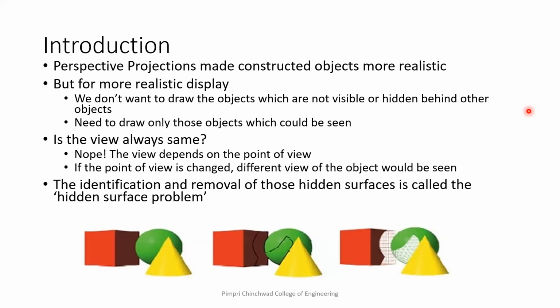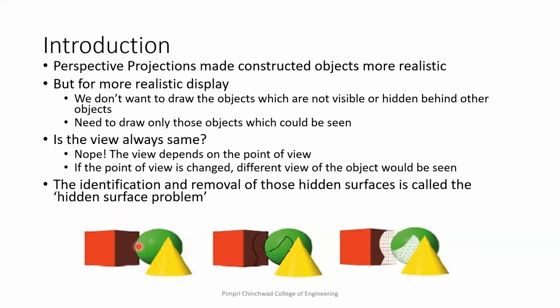Thus, the surfaces that are blocked or hidden from view must be removed in order to construct a realistic view. The identification and removal of those hidden surfaces is called the hidden surface problem or hidden surface removal. So if we consider the scene, we have one 3D conic polyhedron, one sphere and one cube.